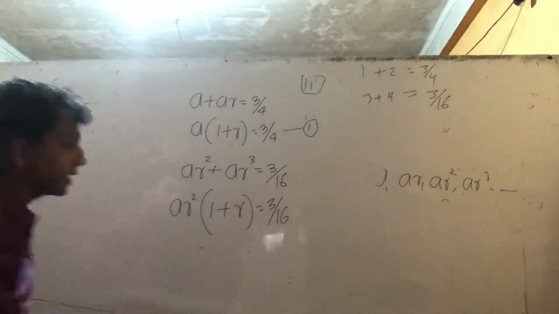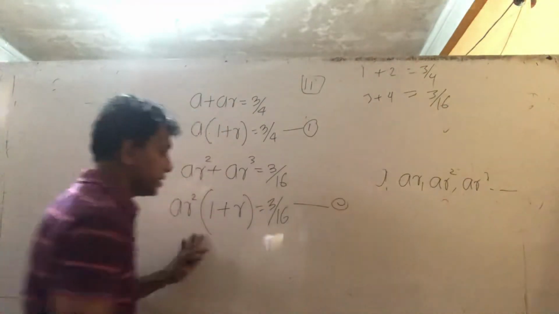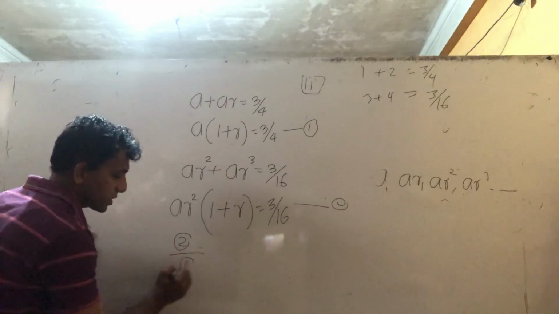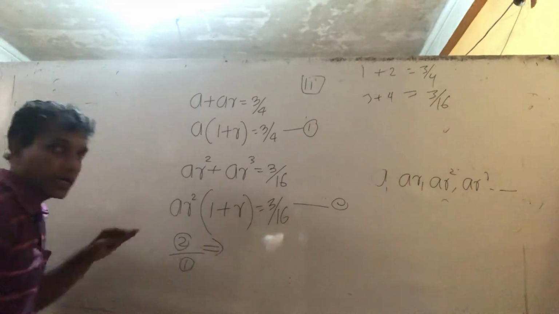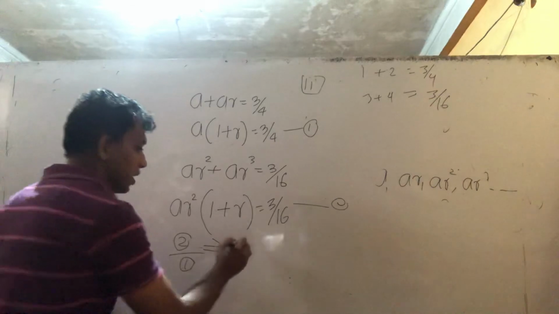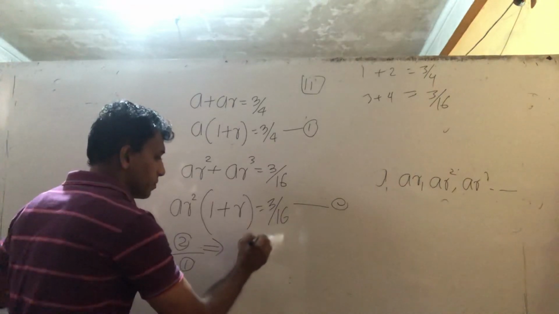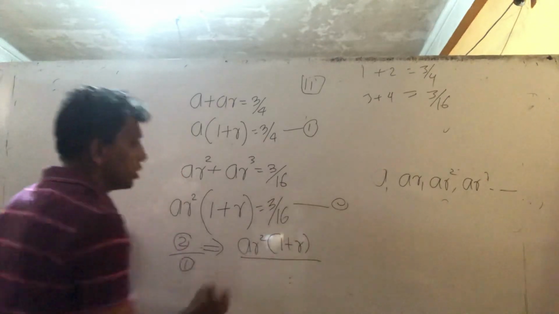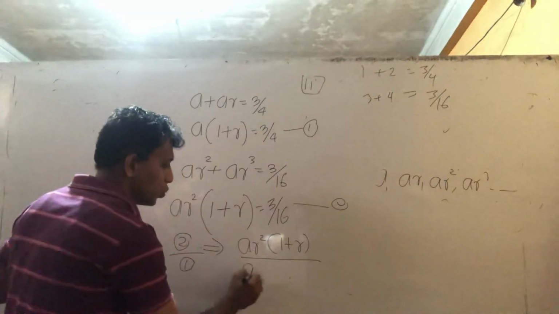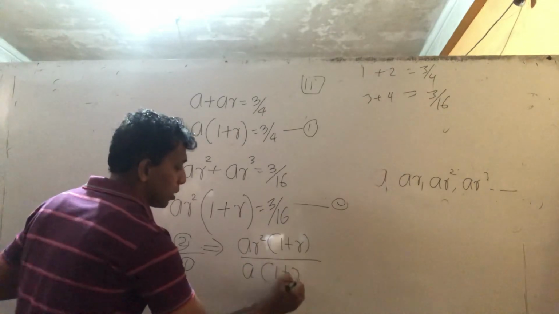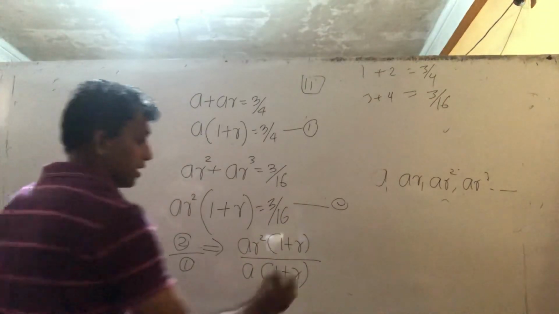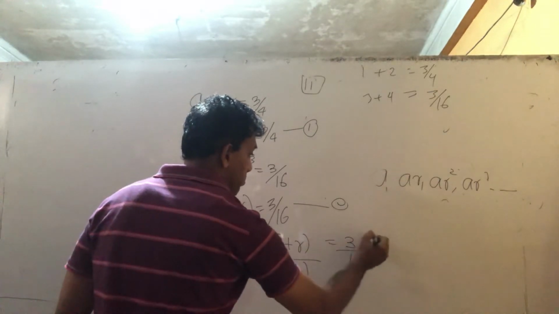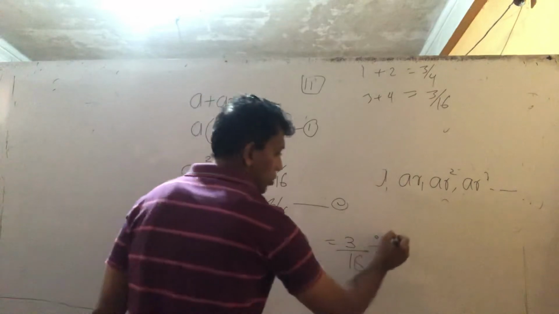The idea: second equation divided by first, AR square into 1 plus R over A into 1 plus R, and on the other side 3/16 divided by 3/4.